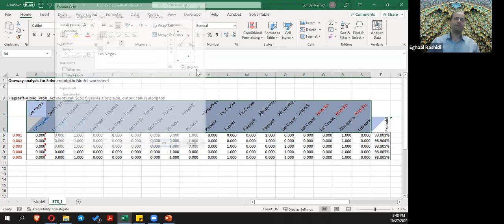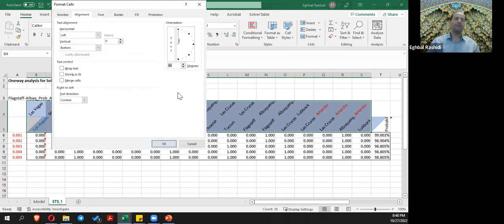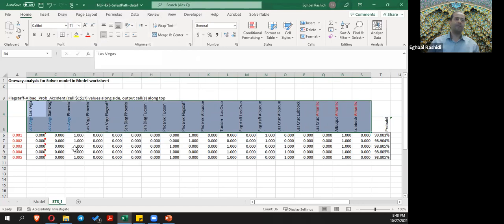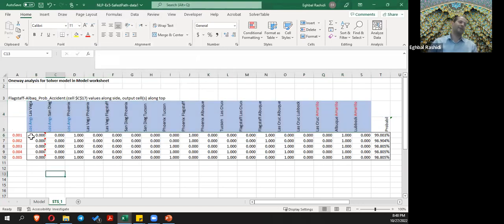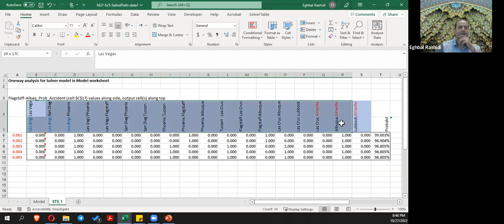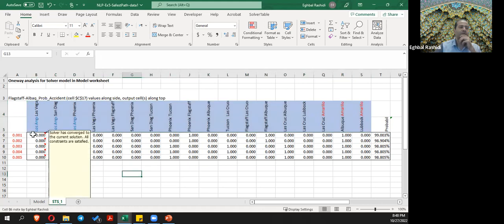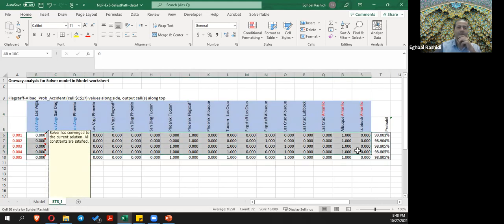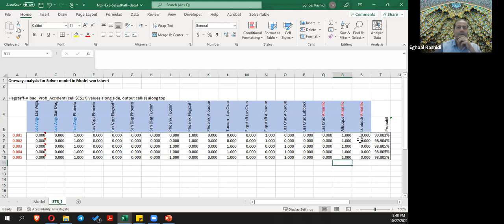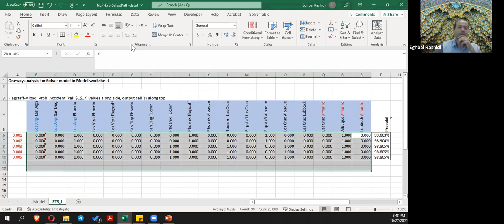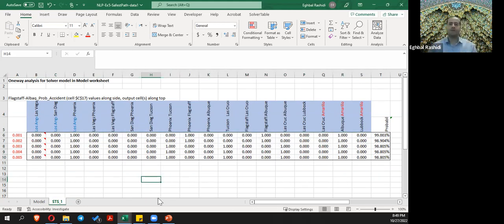Format alignment. Okay, now it's better. So this is Los Angeles to Las Vegas. I'm going to center these values. Okay, so this is much better. All right, so let's see.